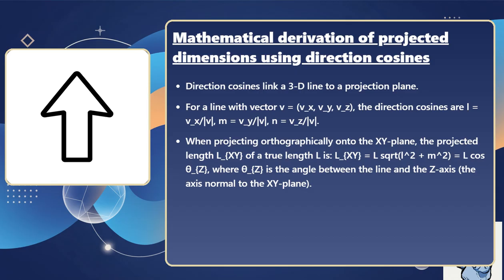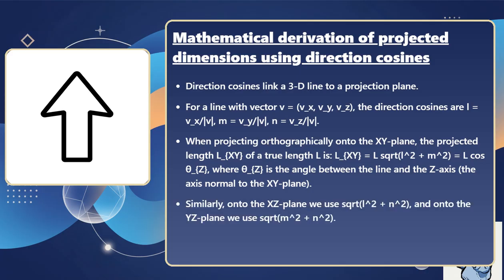When projecting orthographically onto the xy plane, the projected length L sub xy of a true length L is L sub xy equals L times the square root of l squared plus m squared, which equals L times cosine theta sub z, where theta sub z is the angle between the line and the z-axis, the axis normal to the xy plane. Similarly, onto the xz plane we use the square root of l squared plus n squared, and onto the yz plane we use the square root of m squared plus n squared.